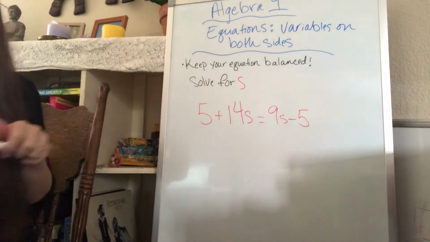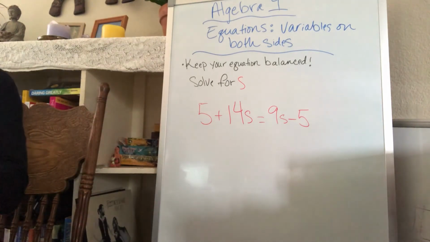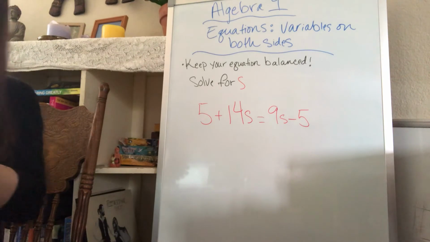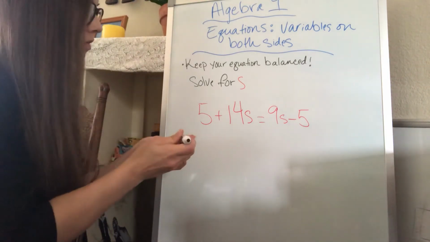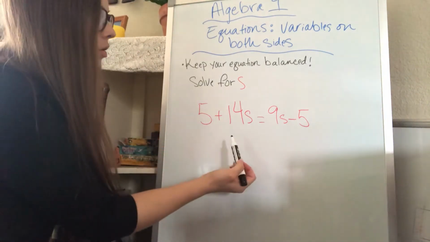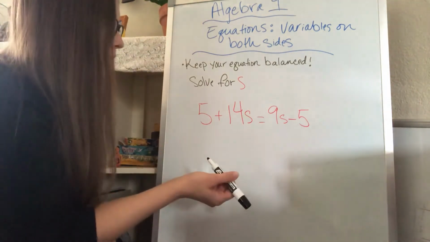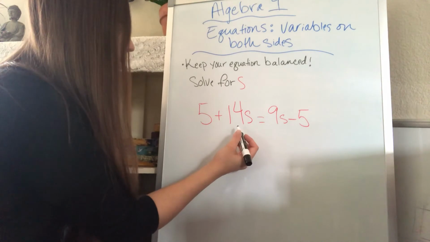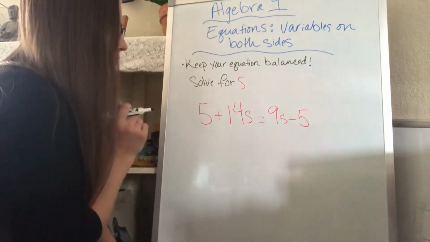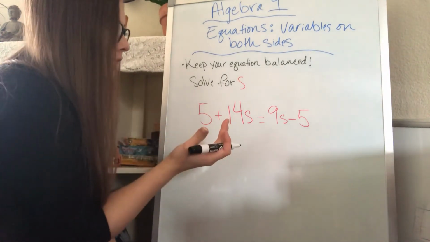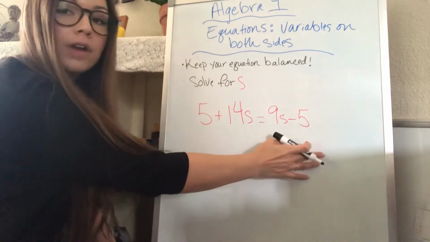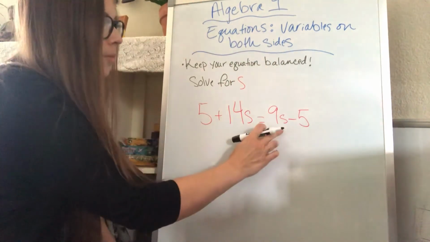So the first thing that we do is choose what side we want our variables on and what side we want our numbers on. I'm going to keep doing it the same way, because if it works, I like to keep it that way. So I'm going to have my variables on the left and my numbers on the right. Let's start with the variables this time. I want all my variables that are on the right side to move over to the left. So I have a positive 9s.